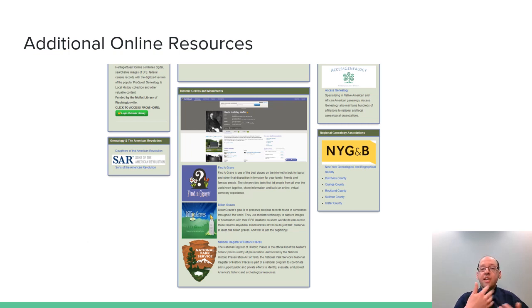So we don't just want to connect you to websites. We want to connect you to people who know the area well enough to tell you, oh yes, your relative lived on this piece of property here, or they may have been connected to this family there. We want to be able to give you that information as well.